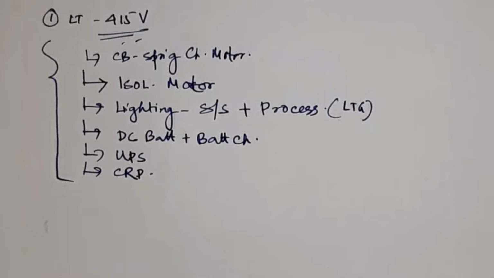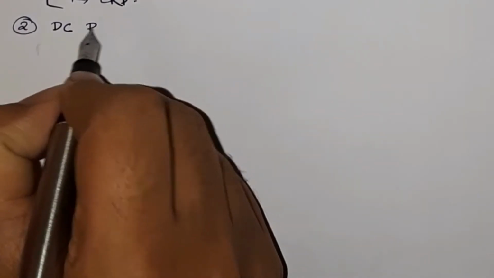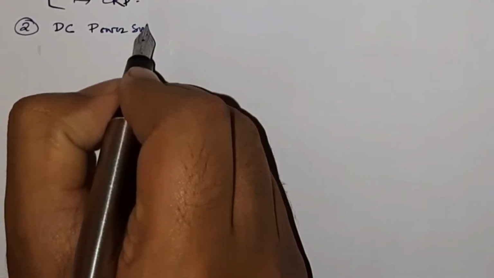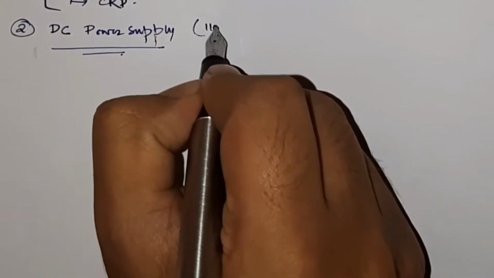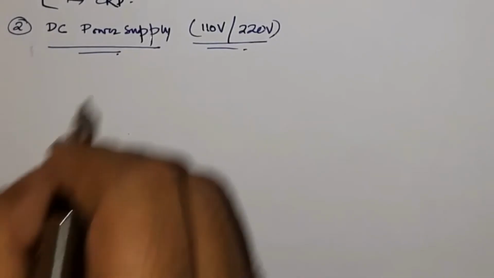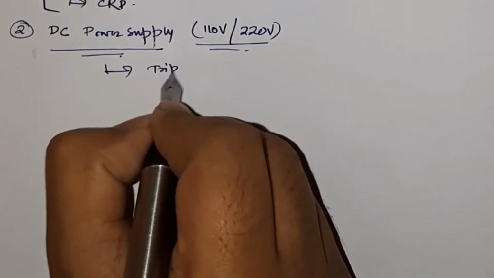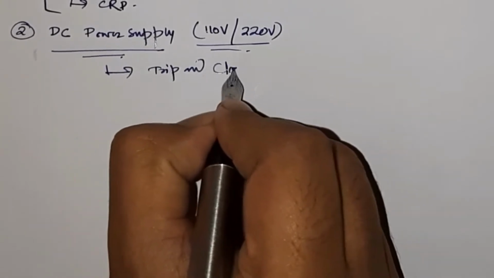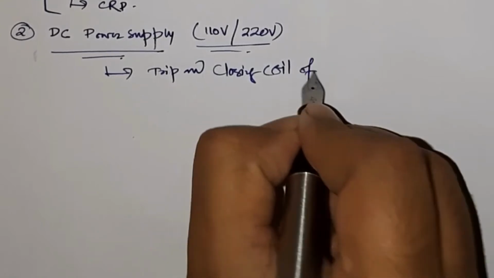Now we will come to the next part, that is the DC voltage system, DC power supply. This DC power supply can be 110 volt or 220 volt. So what are the uses? The main use of this DC is the trip and closing coil of the circuit breaker.